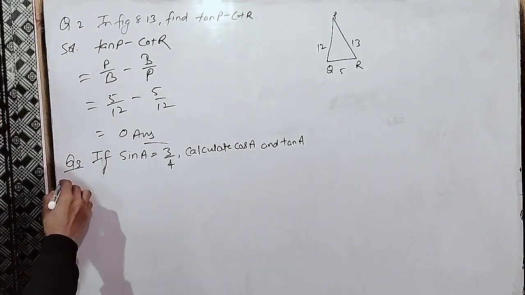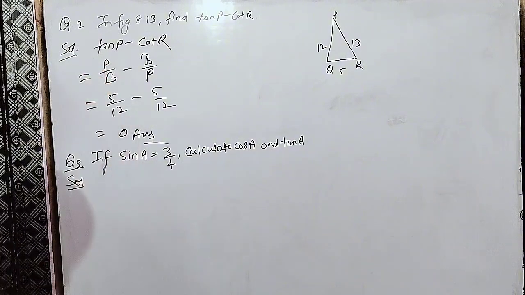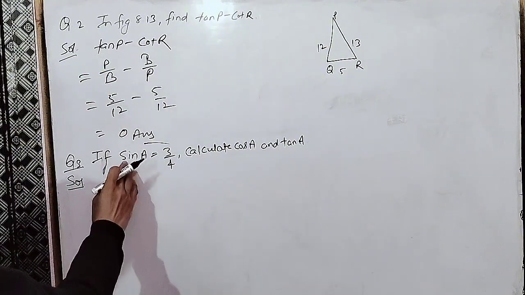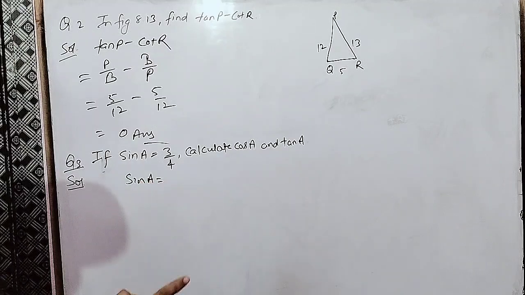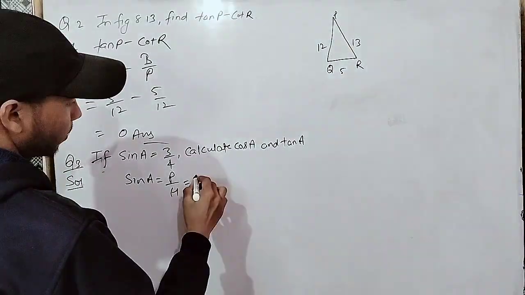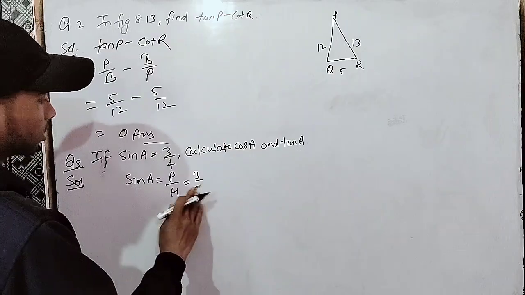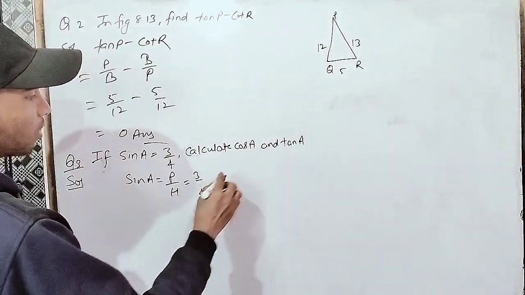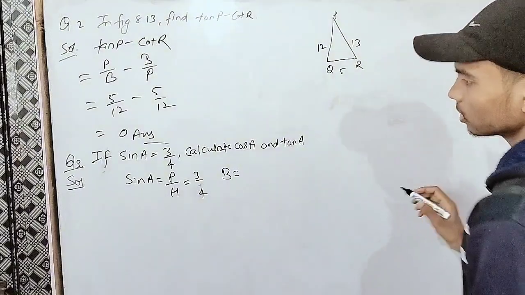Okay. So here sin A, we already know the ratio of sine is P by H. Here we have the value of P which is 3, and the value of H which is 4, but we don't have the value of B. That's why we will use the Pythagoras theorem.